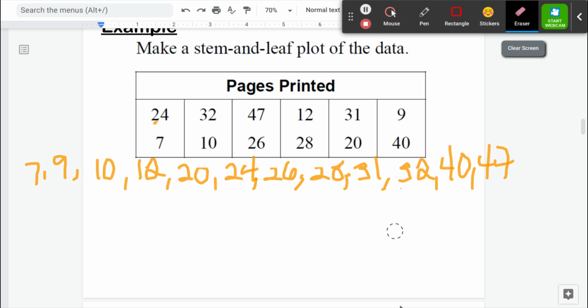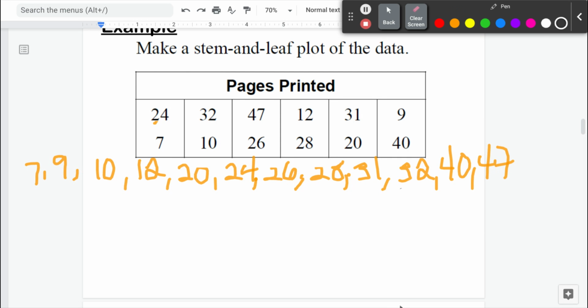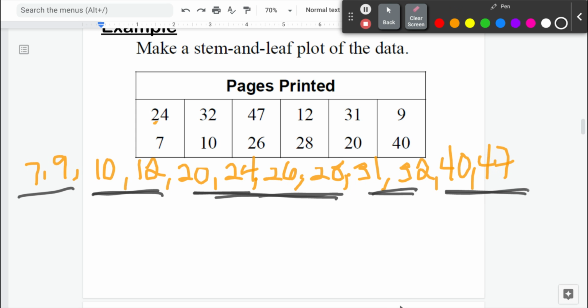And if I look, I've got some single digits, but then I really have here some 10s, some 20s, 30s, and 40s. So I think a good idea would be to keep my stems in that: single digits, 10s, 20s, 30s, and 40s.